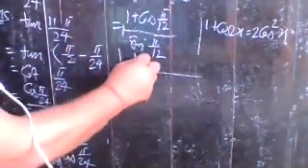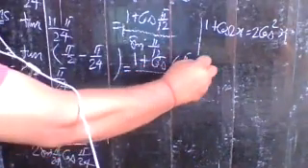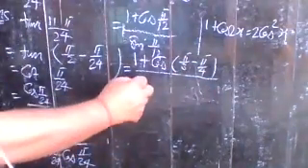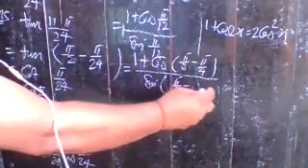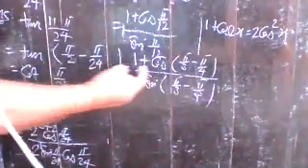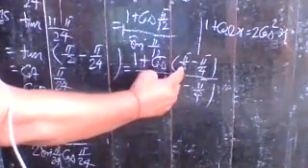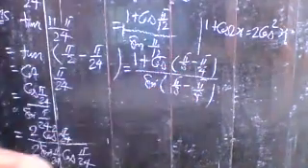Here you can write 1 plus cos of pi by 3 minus pi by 4. And here you write sine of pi by 3 minus pi by 4. Now expand it by applying the formulas for cos of x minus y and sine of x minus y.